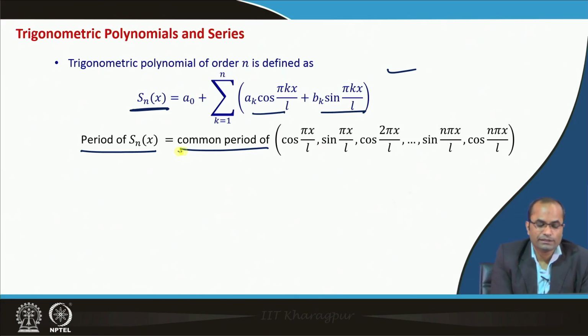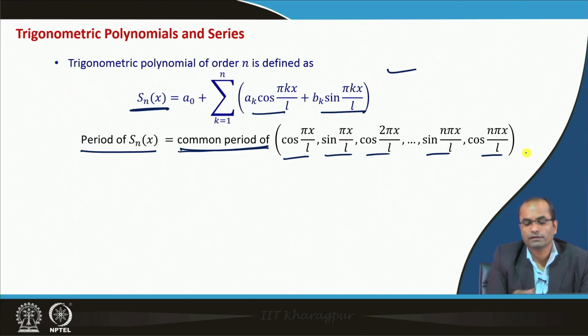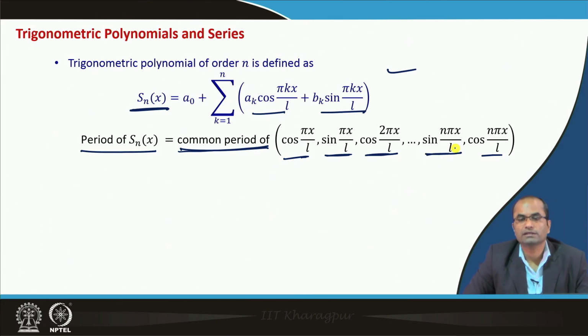For this finite sum, the common period will be the common period of all these functions being added to construct this so-called trigonometric polynomial. When k is 1, it is cos(πx/L) and sin(πx/L), then we have cos(2πx/L), sin(2πx/L), and so on. This is continued until we get sin(nπx/L) and cos(nπx/L).